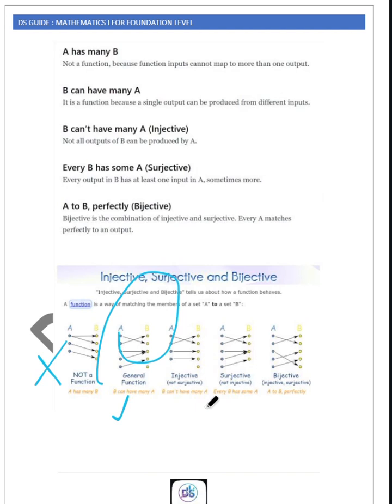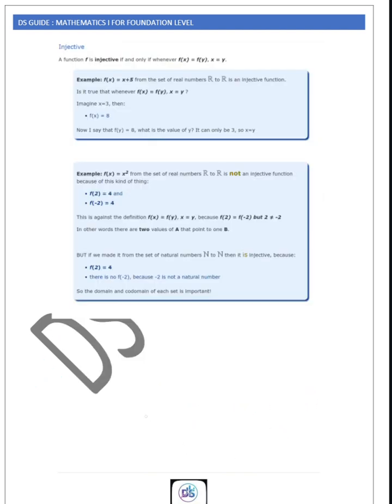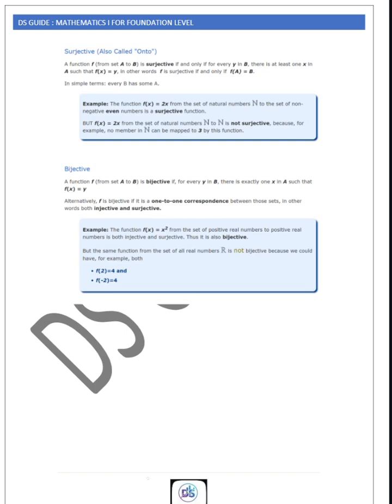For an injective function, b can't have many a's, so one input gives one output, and it is a function. If one output is obtained from many inputs, it is again a function. Similarly you can see bijective. So you can go through the notes.